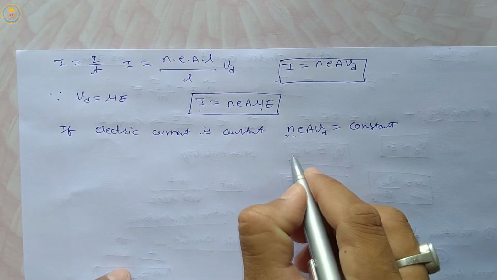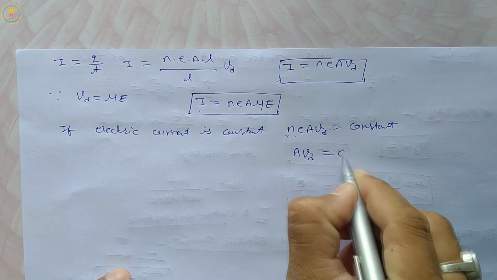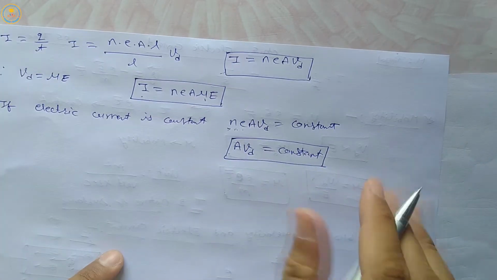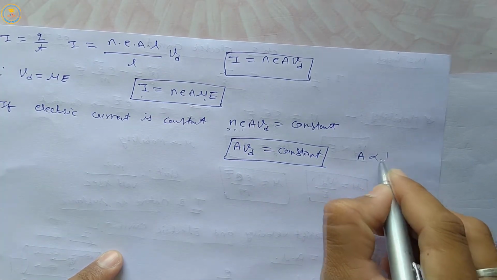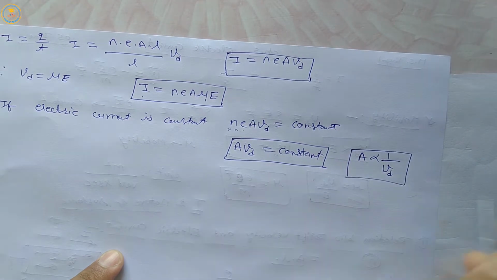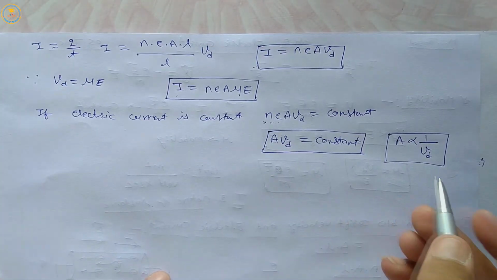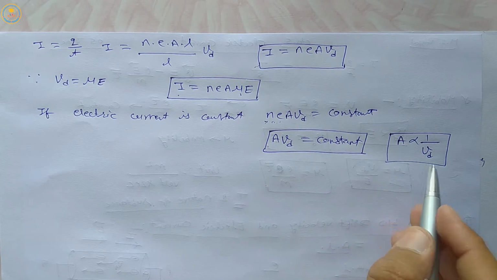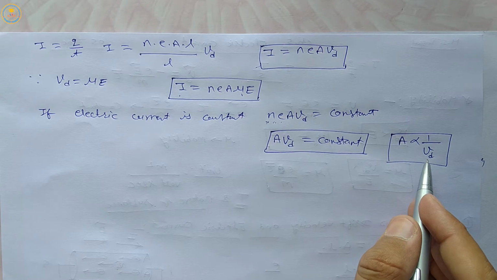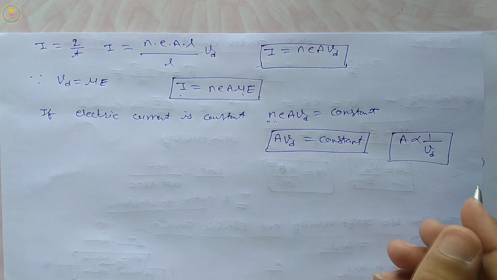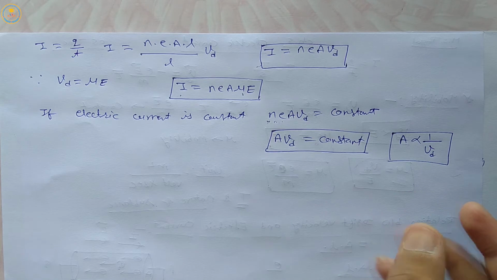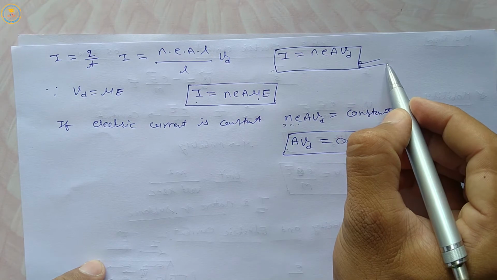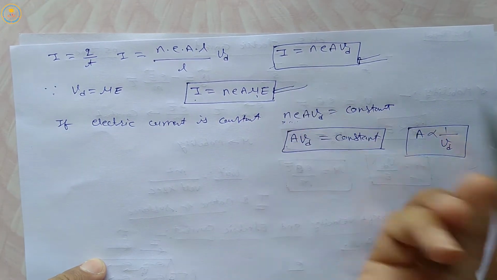So we can write A Vd is equal to constant. From this equation we can write A is inversely proportional to Vd. So for a small cross-sectional area of a conductor, the drift velocity of free electrons will be more. Students, this is the relation between electric current and drift velocity, and this is between electric current and mobility.